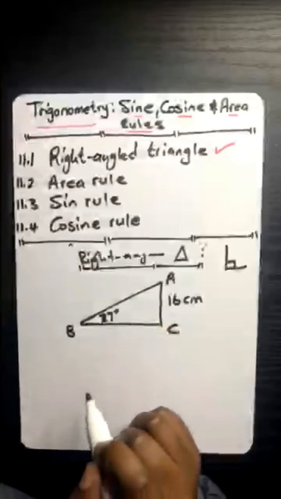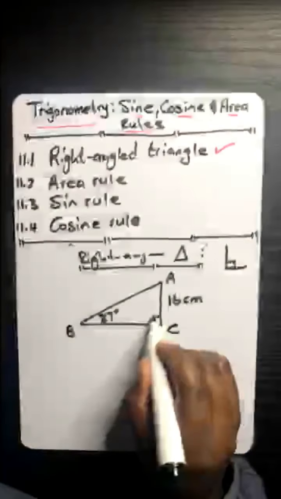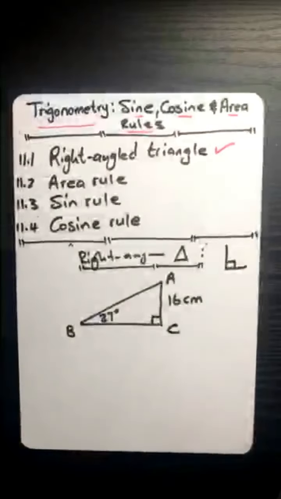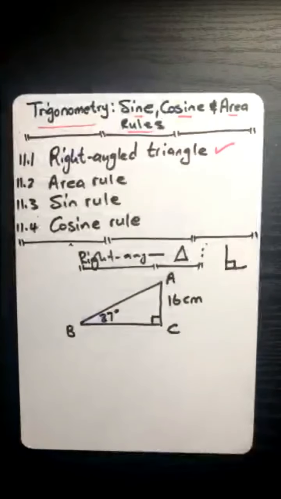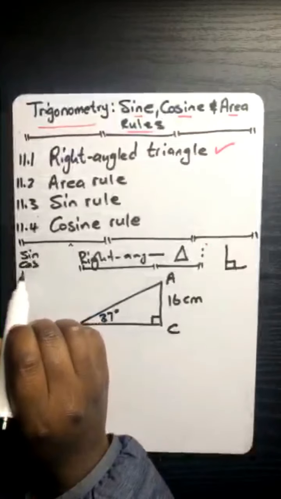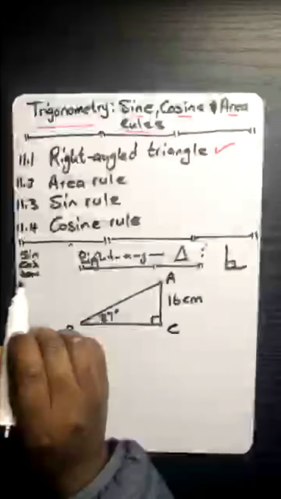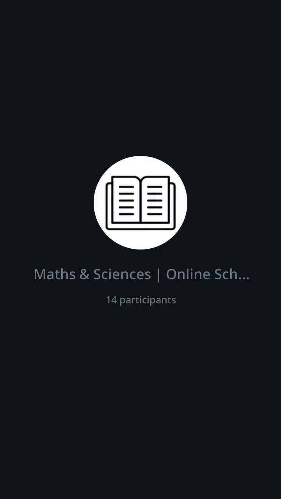But the moment you see this thing, then you can just say yes. Reason to that is because you know very well that you can easily use sine, cos, tan, or theorem of Pythagoras.